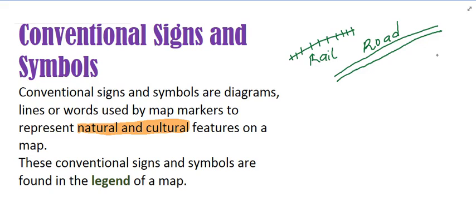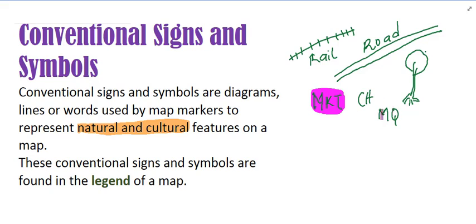They can also use trees, for instance, to symbolize agriculture, or they can also use words like MKT for market, CH for church, and MQ for mosque. Now in such a case, these are words, the use of words. These are the use of diagrams, and right here we have the use of lines.